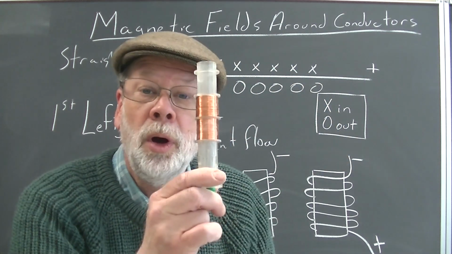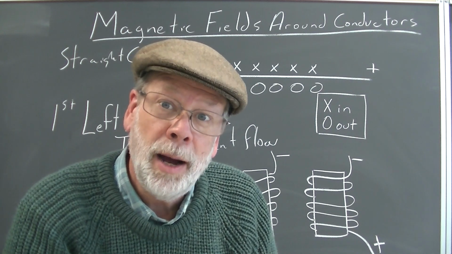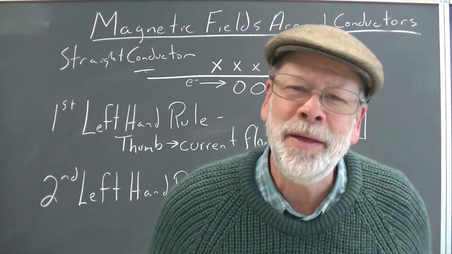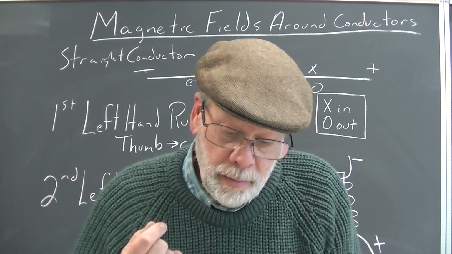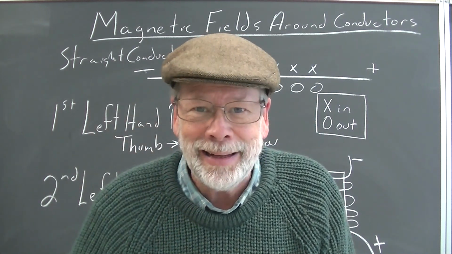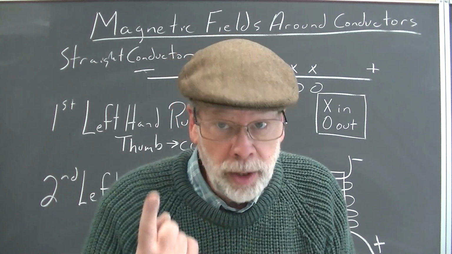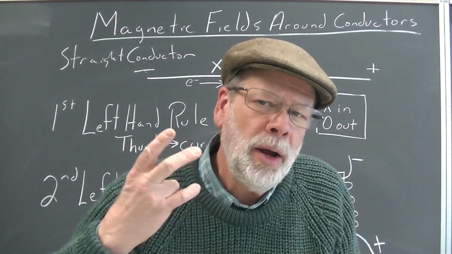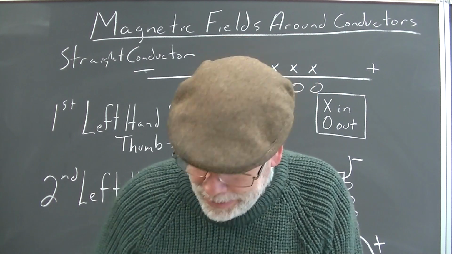So if I were to make lots and lots of loops in that coil, I'm going to have a very strong magnetic field. Furthermore, if in the magnetic field I were to put some sort of iron bar, even though that is not a magnet, it has domains in it. And if I run current then through that coil around that iron bar, I'm going to turn that entire bar into a very strong electromagnet.